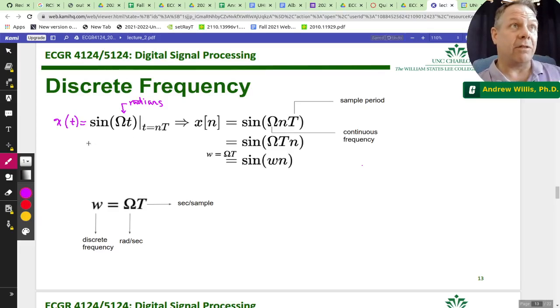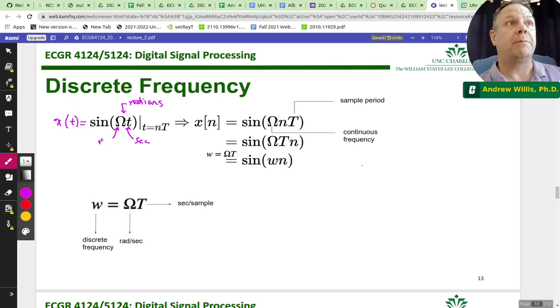If I have something in degrees, I convert it to radians by multiplying by pi over 180. In other words, there's pi radians in 180 degrees. So since the argument of a trigonometric function has units radians and t has units seconds, what are the units of omega?